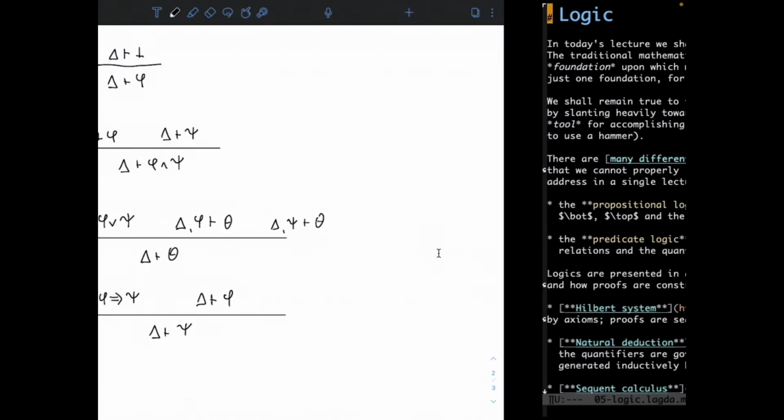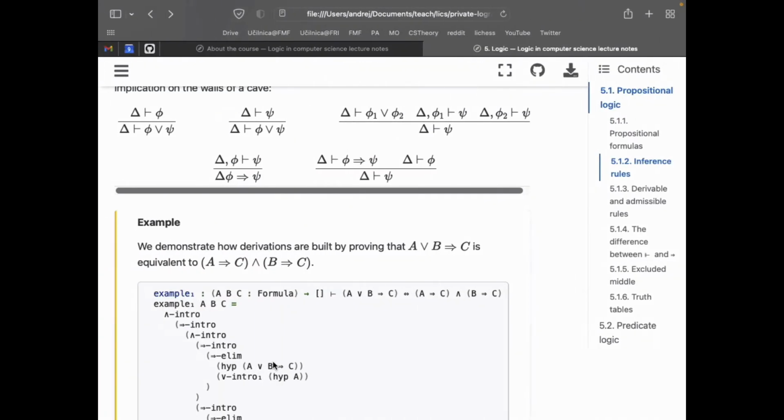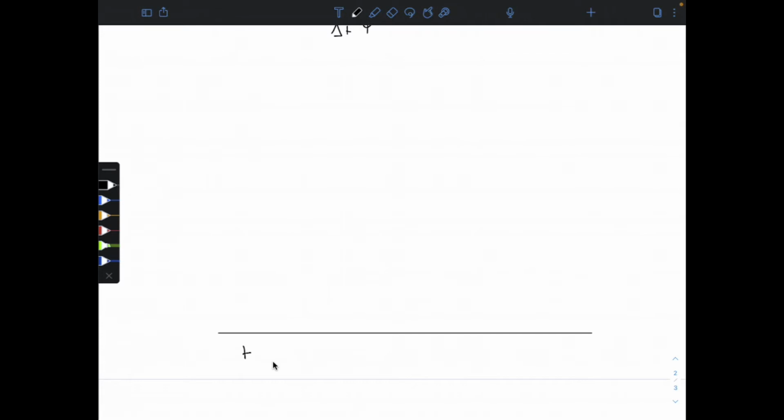But if we try to do this a little bit on paper, let's see how it would go. I'll do just half of it. Suppose I want to show, which one should we do? The other one is more interesting.